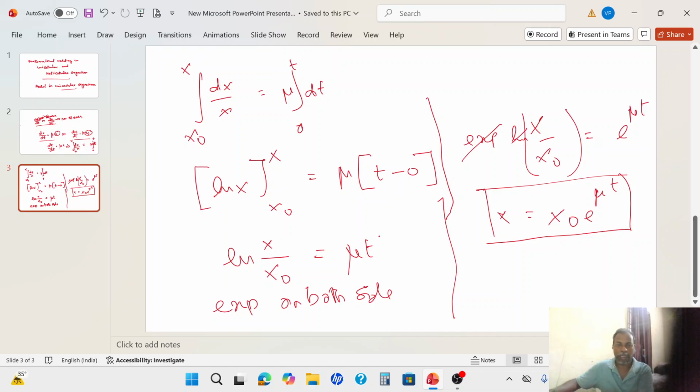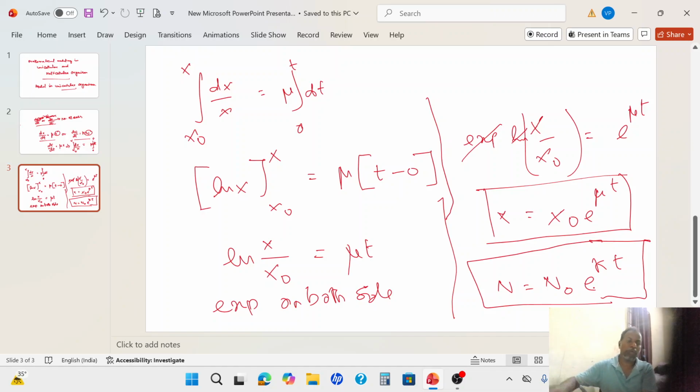The same thing in terms of n, replacing x with n, can be written as n is equal to n naught e power k into t. So this is the model for the growth of biomass or the growth of number of cells in unicellular organisms.